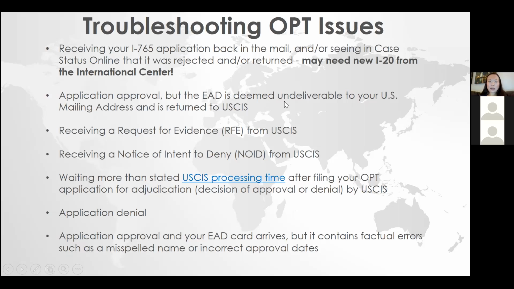Another issue we see with the OPT is with the mailing of the EAD. Once in a while, for some reason, the post office will have problems delivering the EAD, and you may see an update online that says that your EAD was returned to the USCIS because it was undeliverable. If that's the case, when you check the status of your case online, you'll also see a special link on the USCIS website to submit an inquiry for your application, and if you follow the prompts, you will have the chance to request that the EAD is mailed out to you again.